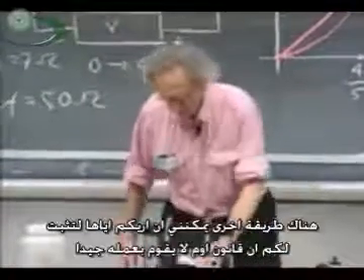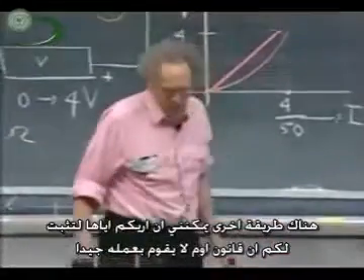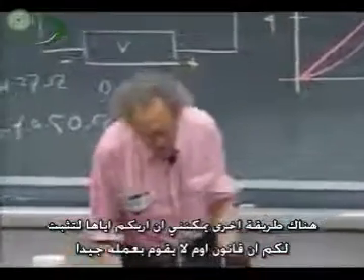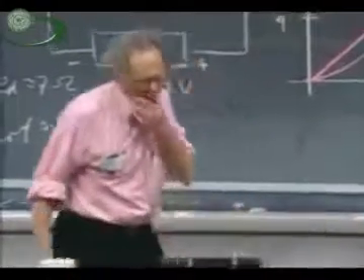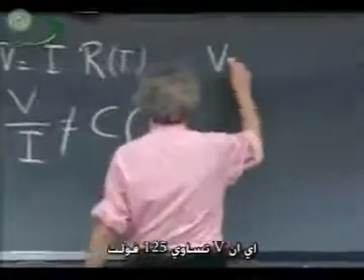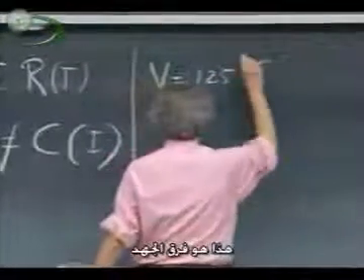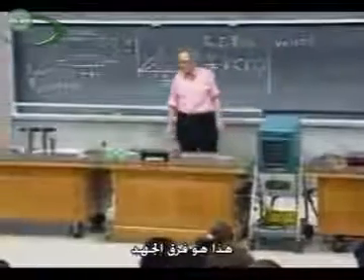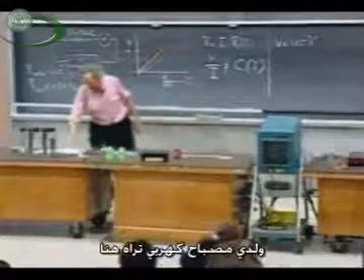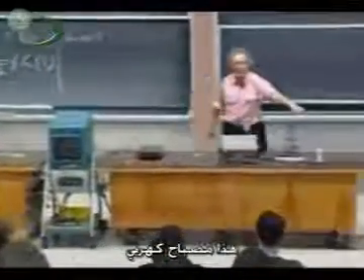There's another way that I can show you that Ohm's law is not always doing so well. I have a 125 volt power supply. So V is 125 volts. This is the potential difference. And I have a light bulb. You see it here. That's the light bulb.